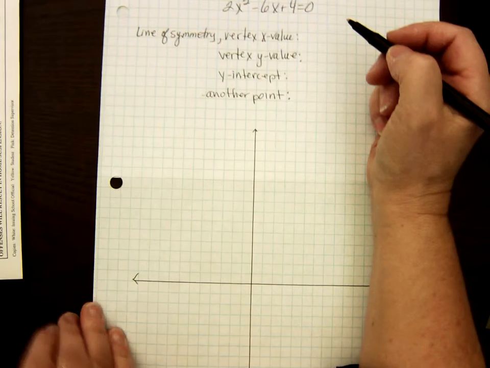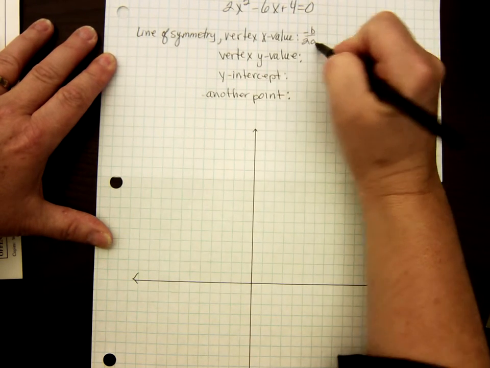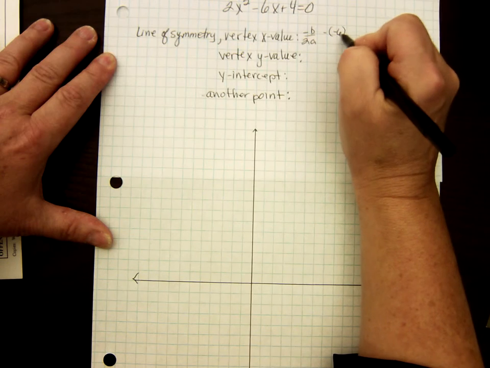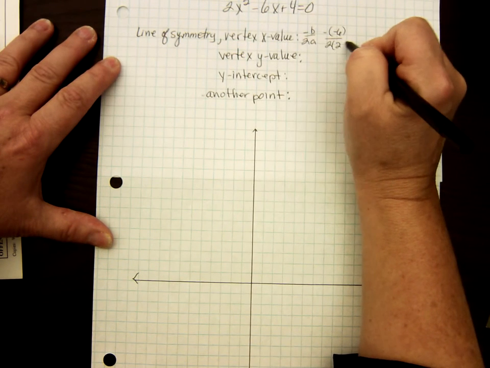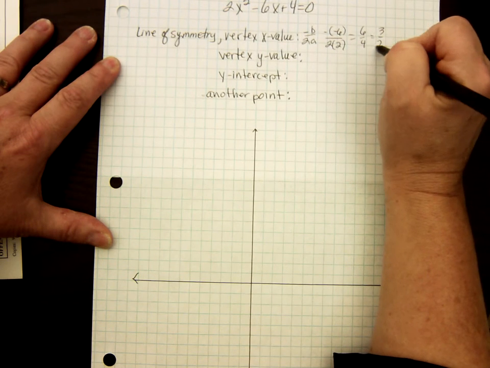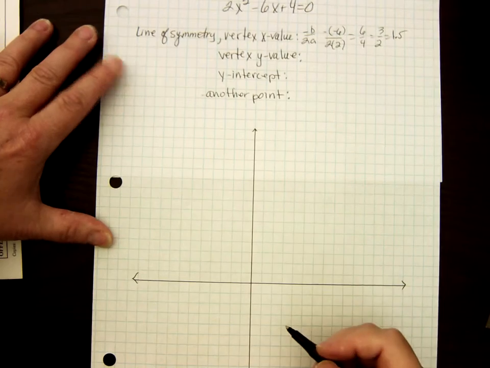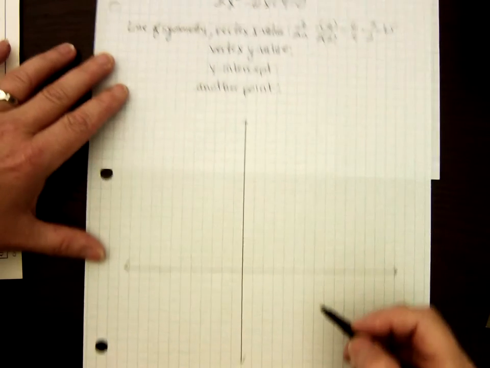So to find the line of symmetry, again, I'm using negative b over 2a, and I substitute my values. So the line of symmetry goes through 1.5.